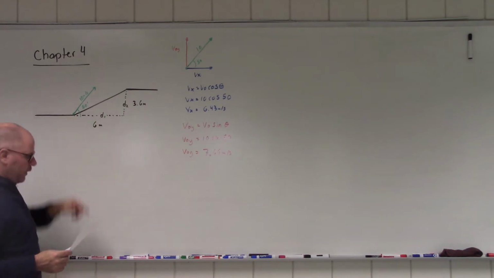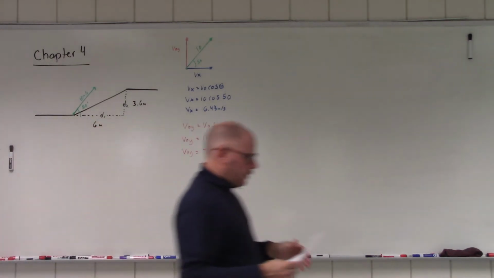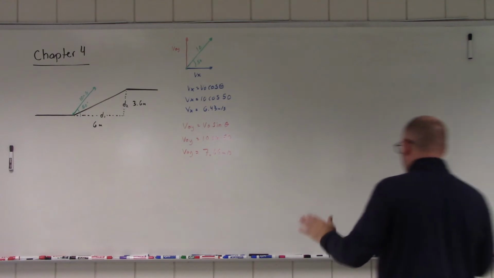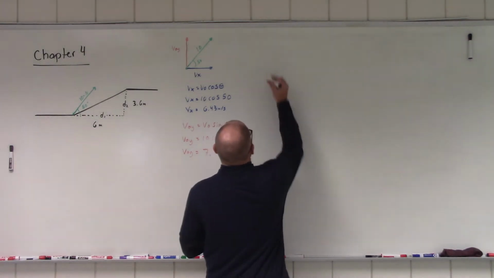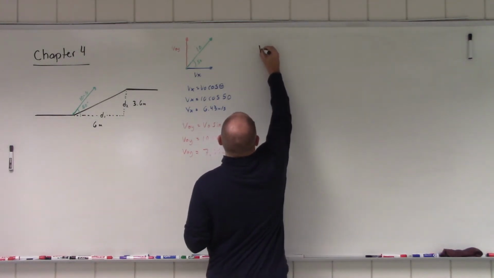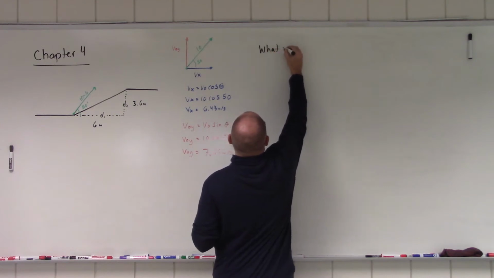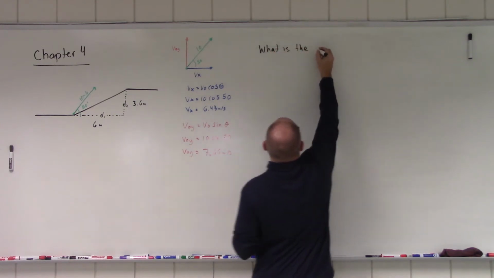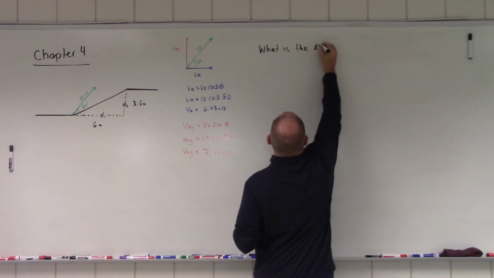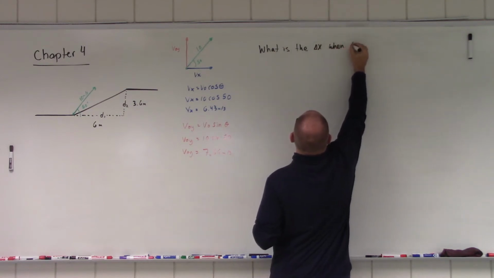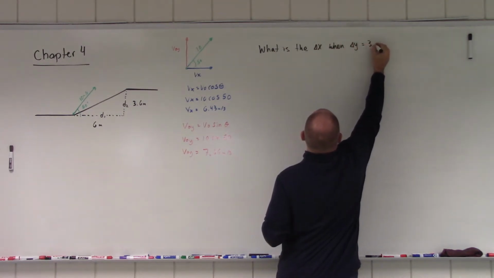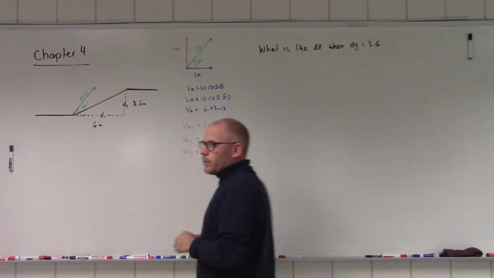Let me write it on the board. First question: what is the delta x when delta y is equal to 3.6?